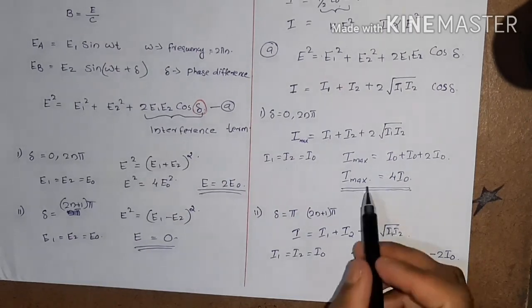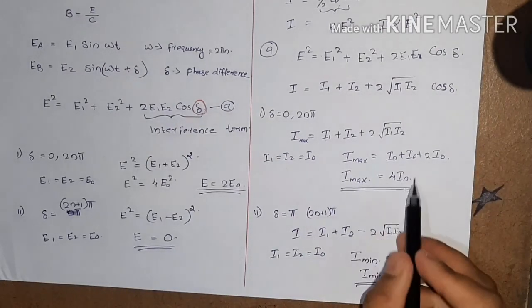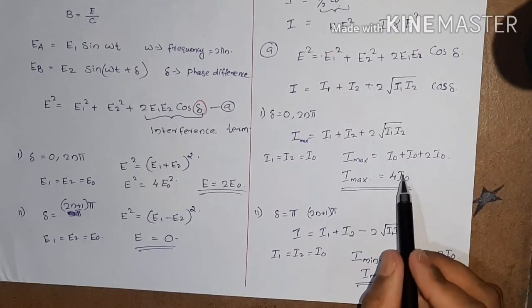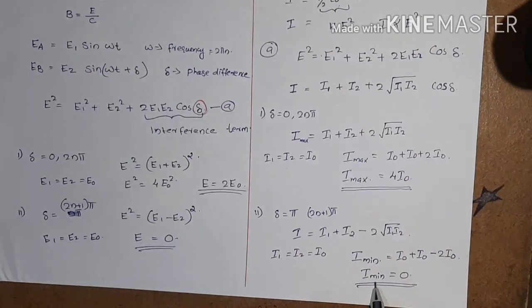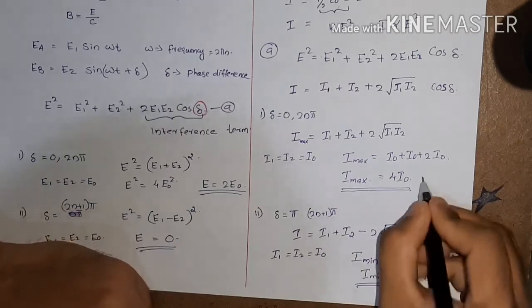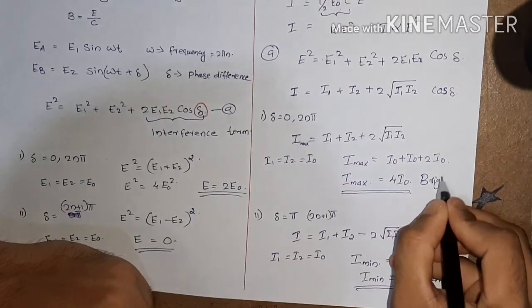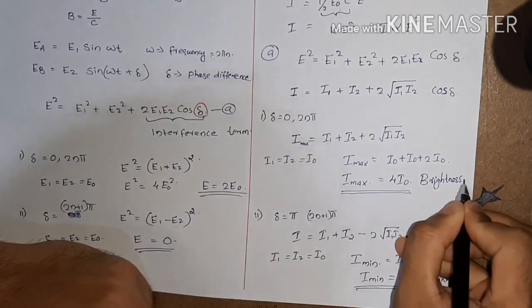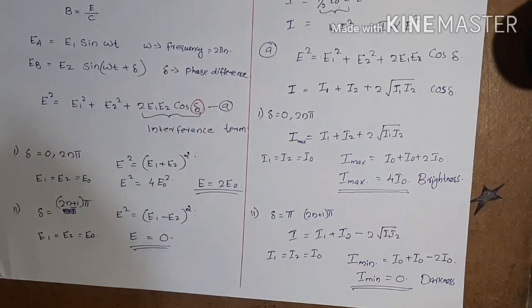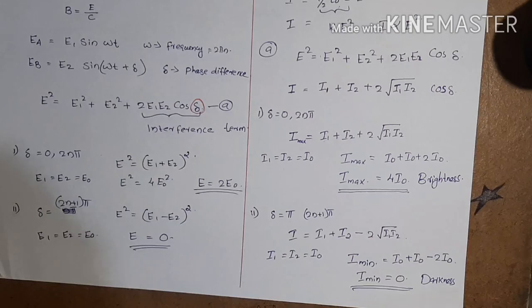So at the positions of maximum intensity we can obtain a very bright pattern or fringe, and at the positions of minimum intensity there is no light wave present, and we obtain darkness, such that we can obtain the interference pattern by using light waves.